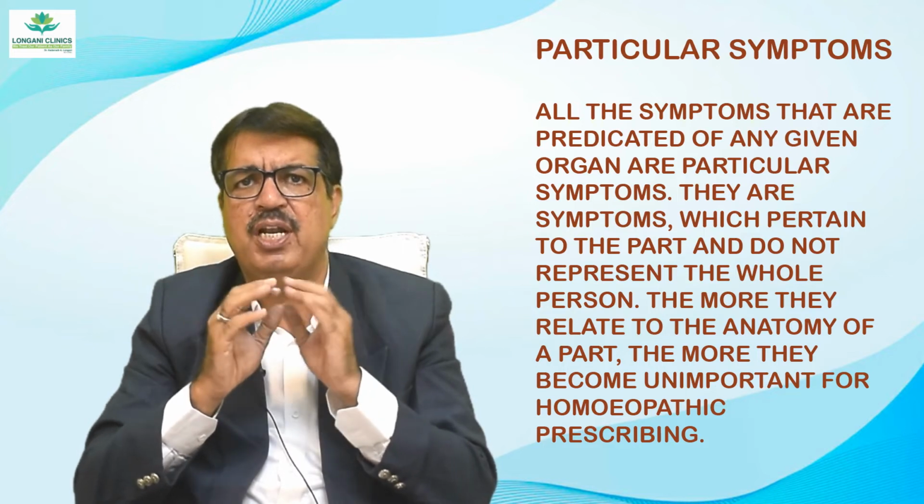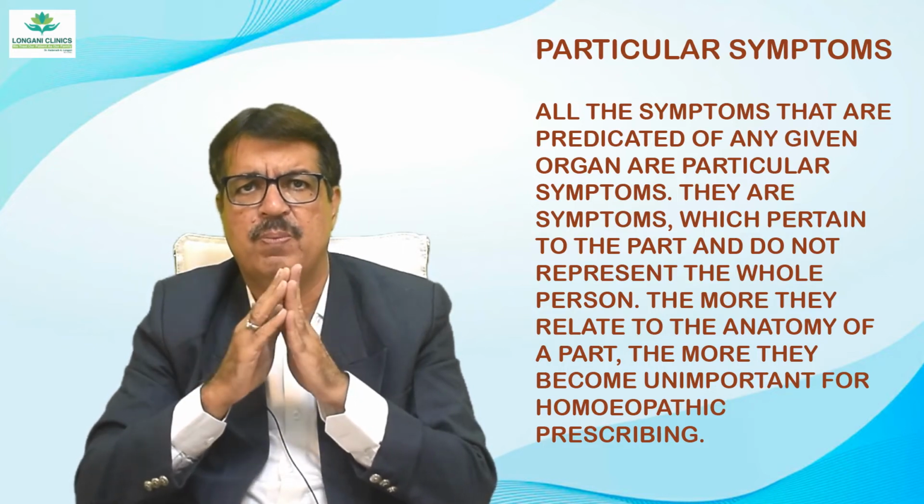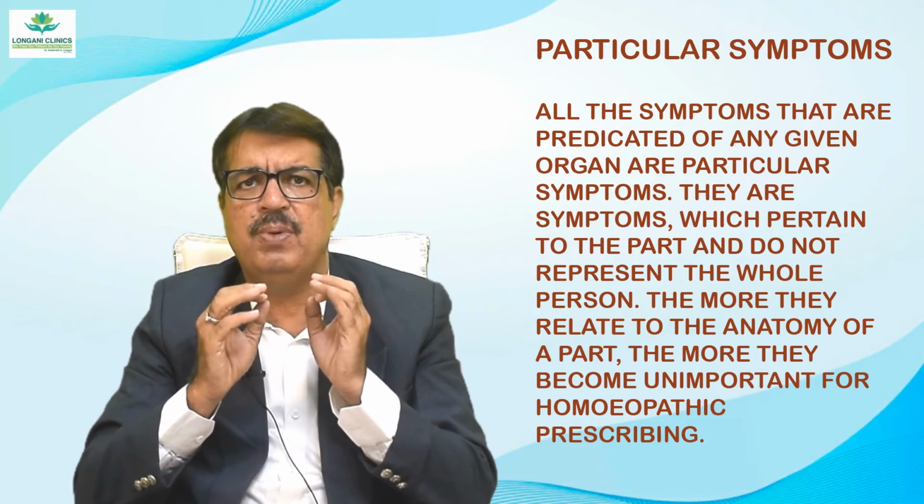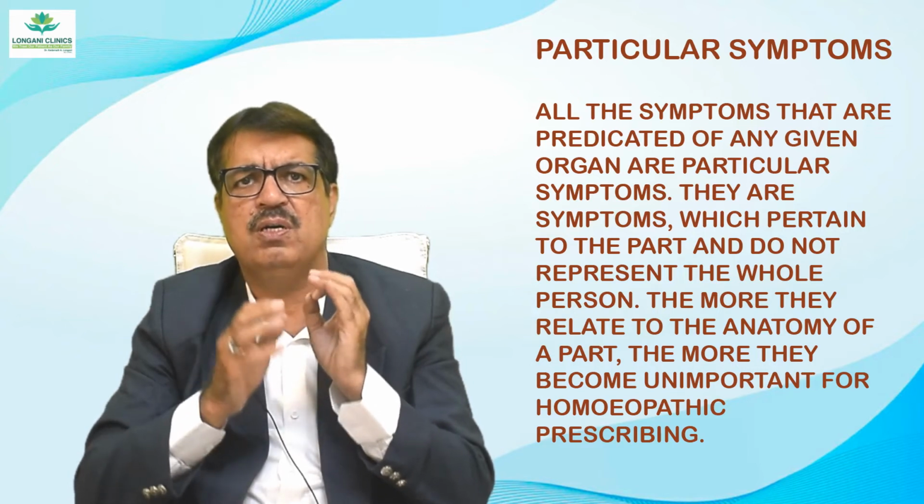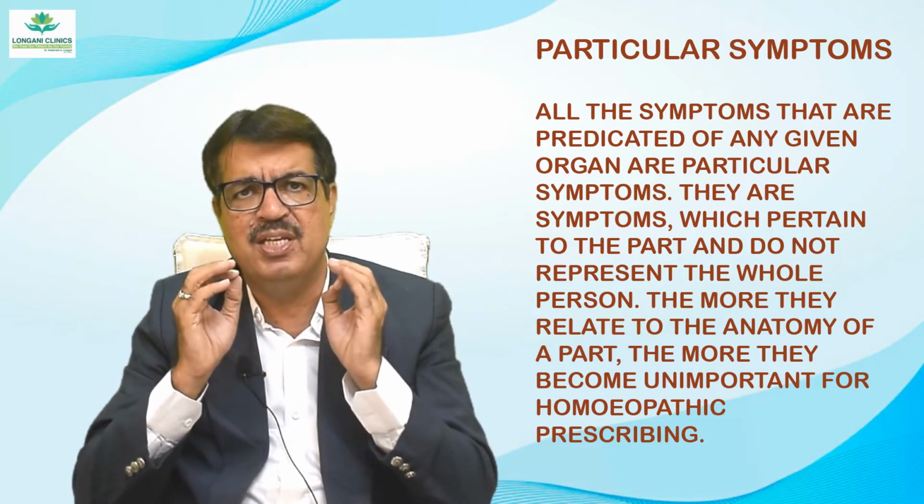The more they relate to the anatomy of a part, the more they become unimportant for homeopathic prescribing. They become important when they are qualified or marked with intensity, or when they are found in unusual situations. Modifiers make a particular symptom important.